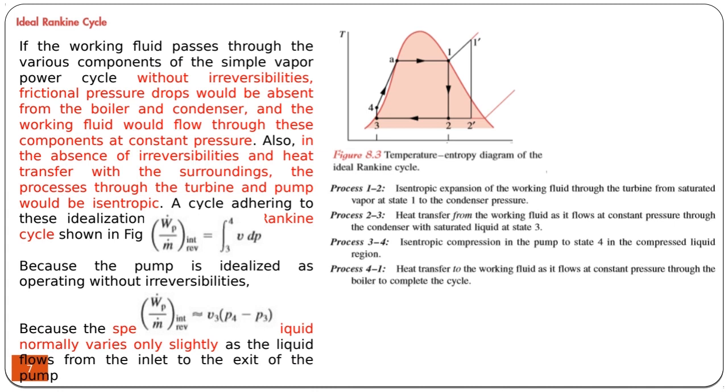Normally, we may use saturated vapor in a vapor cycle. So when we use saturated vapor, the output of the boiler is saturated vapor. And when it passes through the turbine, which is isentropic, because the turbine is adiabatic and reversible, which means it's isentropic.